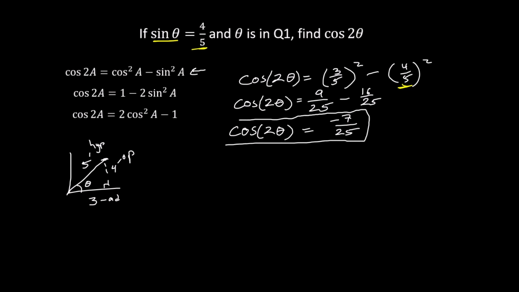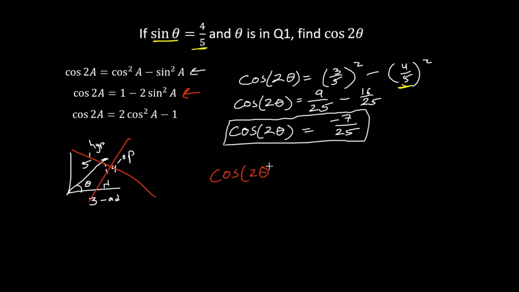Now, it's not that bad, but we can actually make it a little bit easier. I told you that there is an easier form or easier version to use. The reason this one is a little bit easier is because we already have the information. If we use this second formula, we don't have to worry about finding the cosine. So let's see what happens if I decided to use the second formula instead.